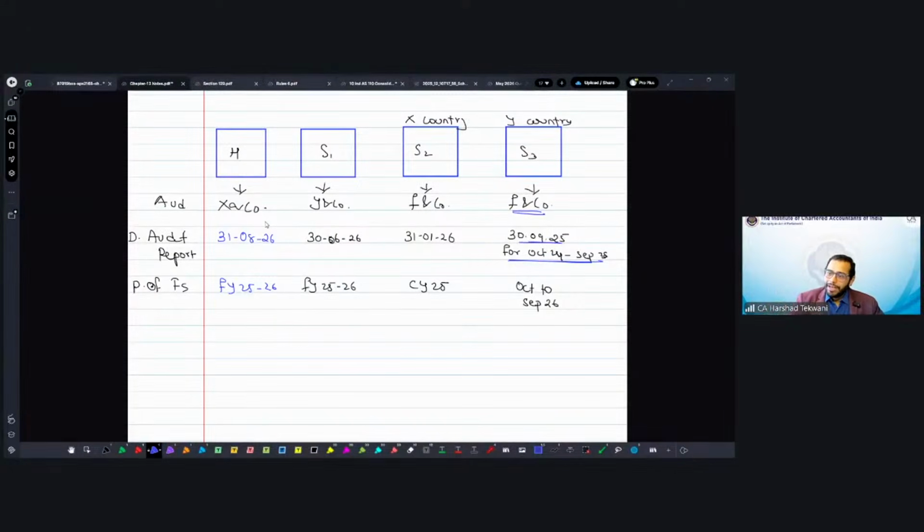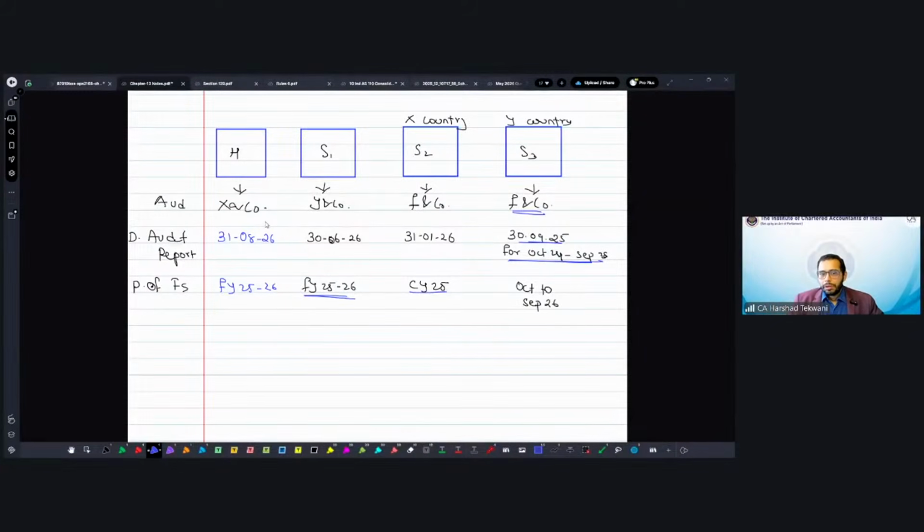That means subsequent event from the September 25 to my date of audit report, that is in September 25 itself. They all are considered here from December to January. From the date of financial statement to the date of signing of audit report.